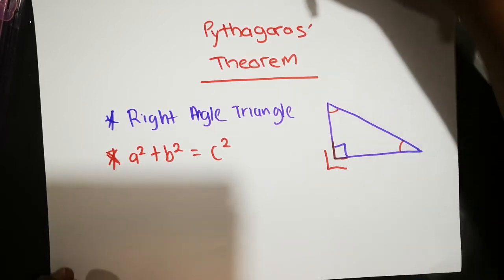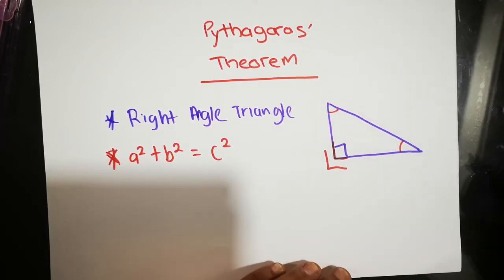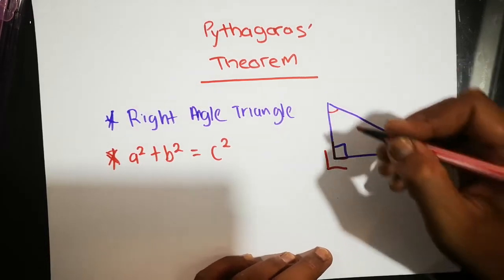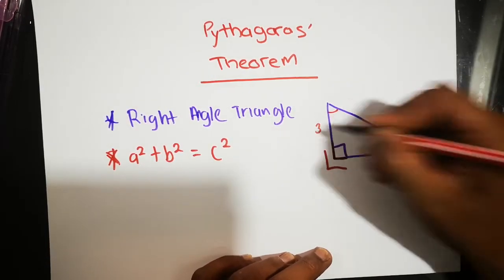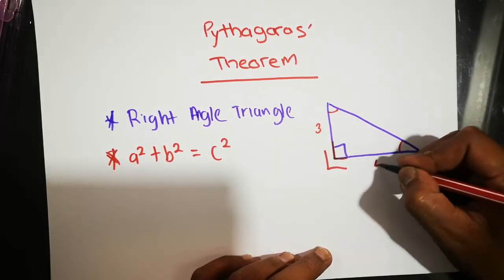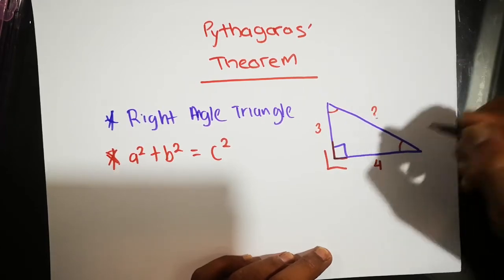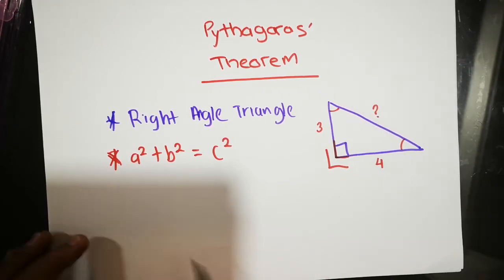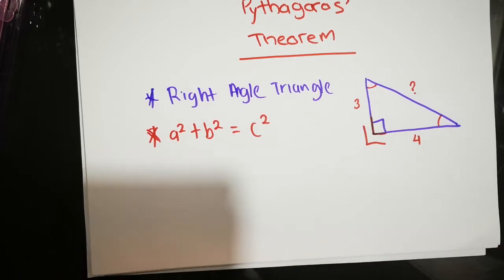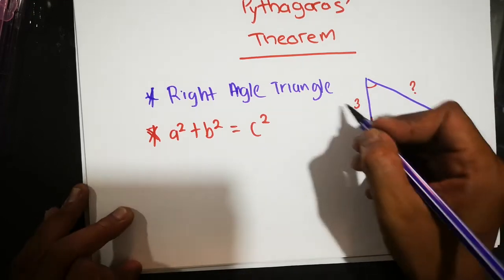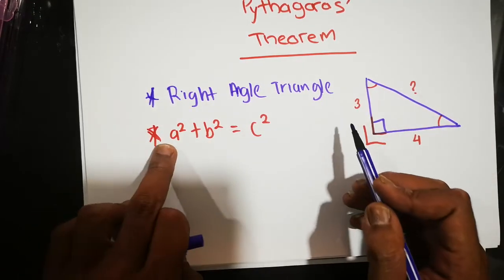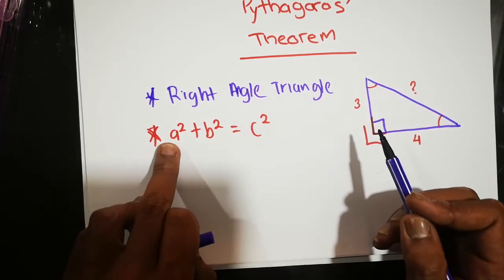So let's say I have two numbers here. I put this as 3. I put this as 4. So find the hypotenuse. So using this formula, what I'll get is 3 square. Okay, A and B can either be your adjacent or opposite, right?